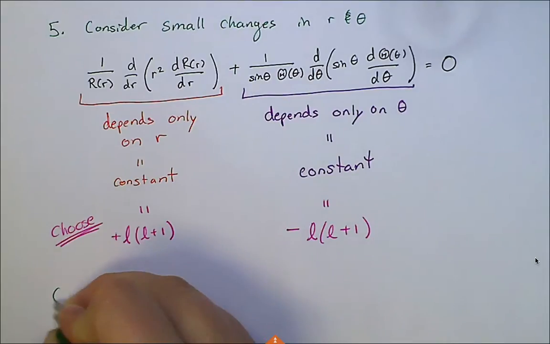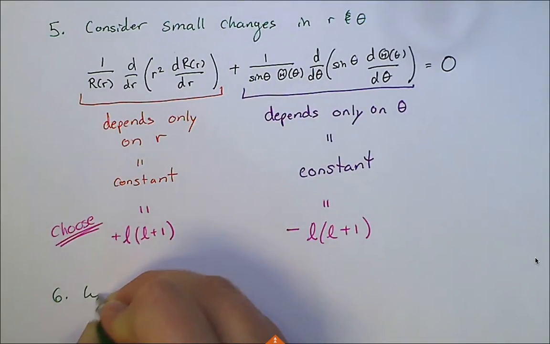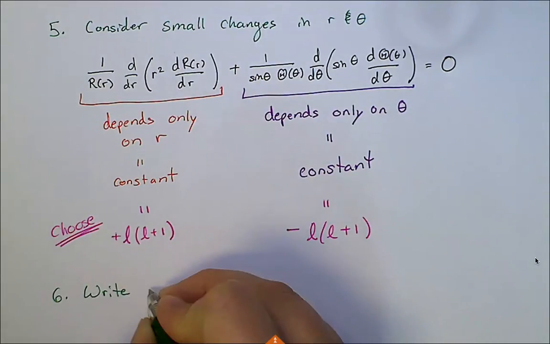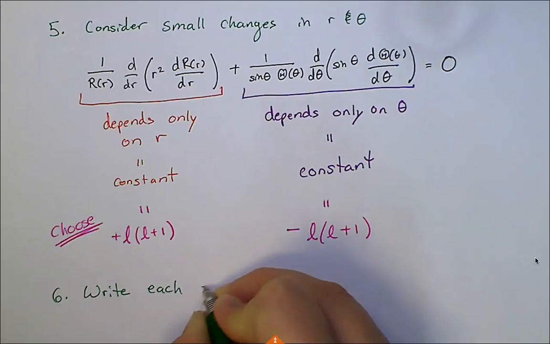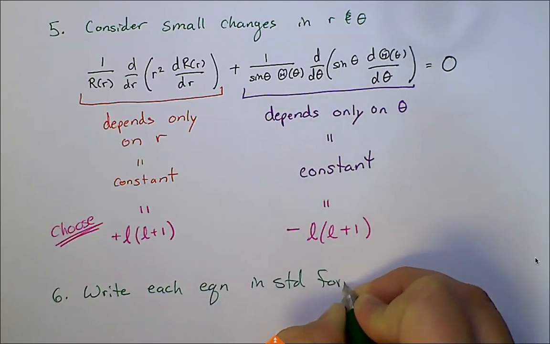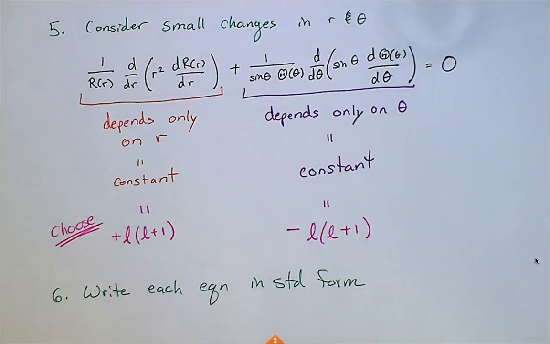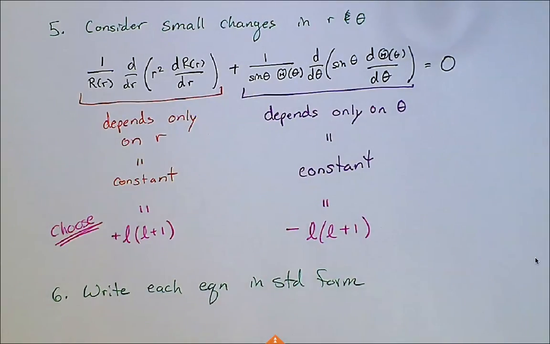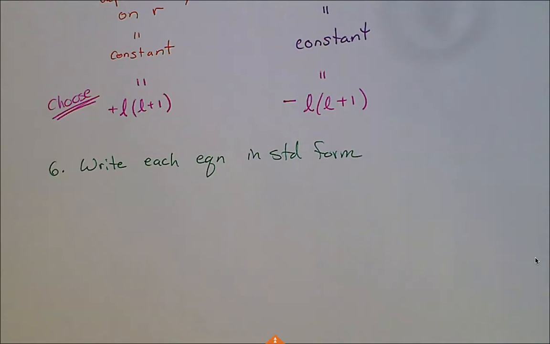All right, step 6, and our final step here is to write each equation in standard form. So standard form is when you have the derivatives on one side equals some constants times other derivatives.